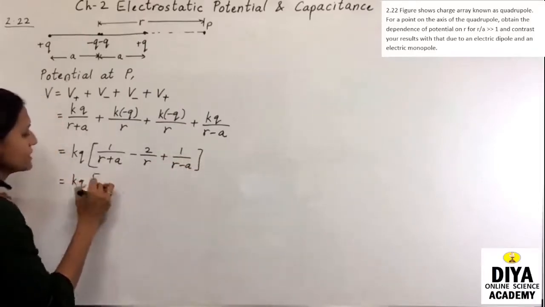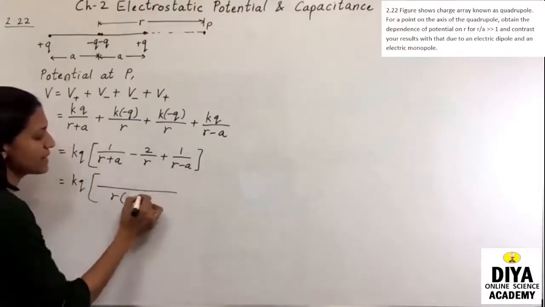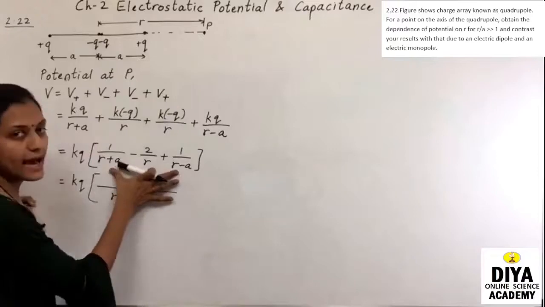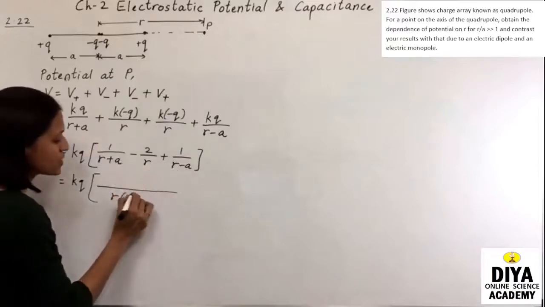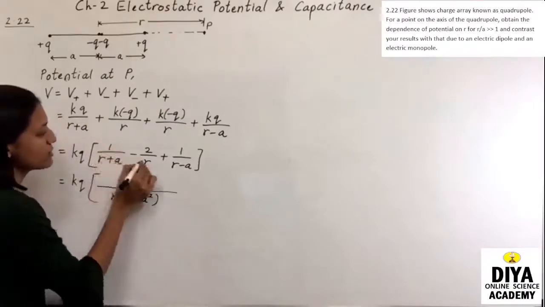Taking LCM of this, LCM will be R into R plus A into R minus A. R plus A, R minus A becomes R square minus A square. Now this should be multiplied with these two.